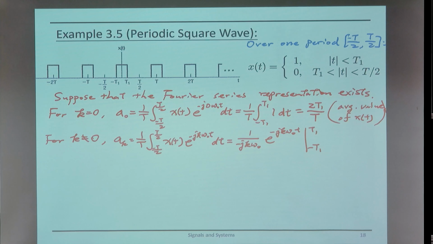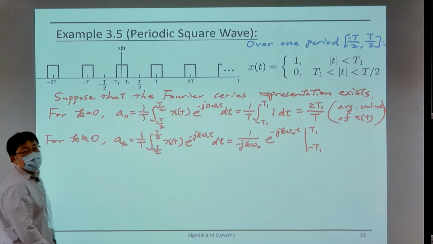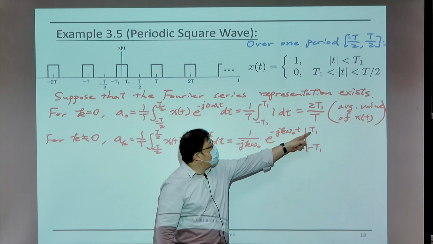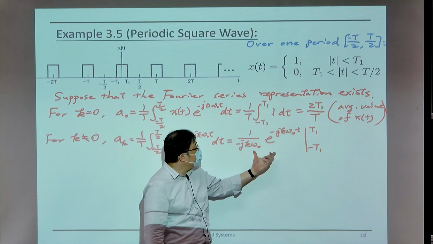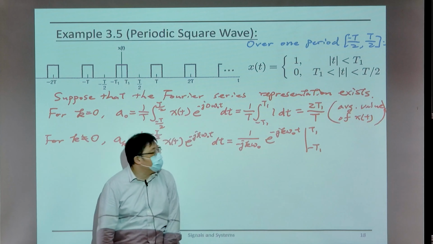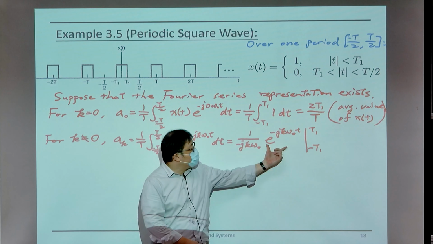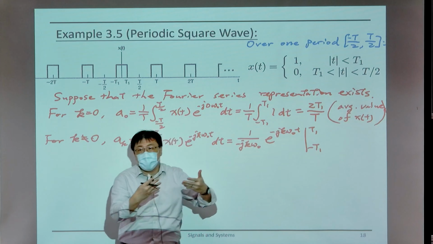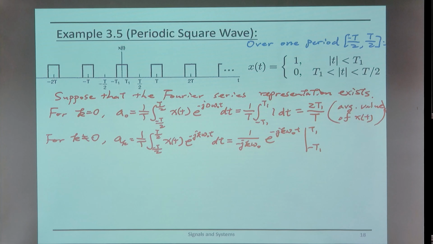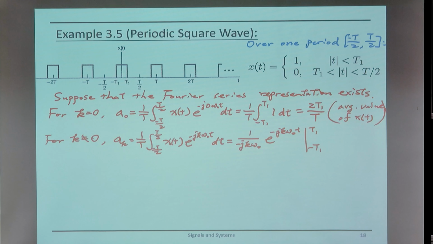And then you just substitute this inside, so you have this term with t1 subtracting this term with minus t1. When you have these complex exponentials subtracting each other, you would have a sine function remaining, because the cosine part cancels out.